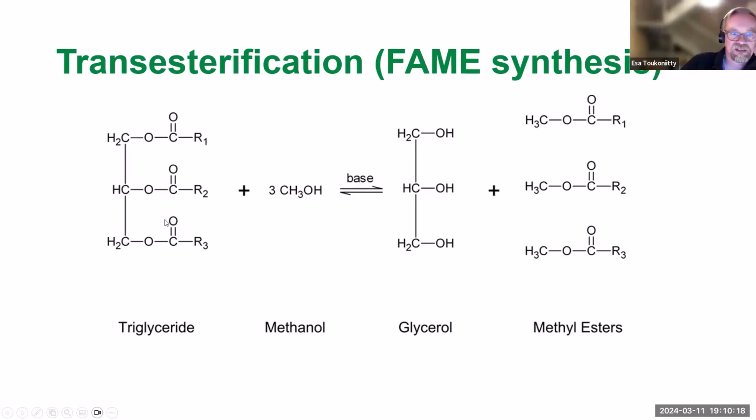So what happens is that this methanol reacts with this triglyceride. It breaks these ester linkages and it releases this glycerol here. And in the same process, when these fatty acids are being released, the free alcohol reacts with those fatty acids and forms these methyl esters.